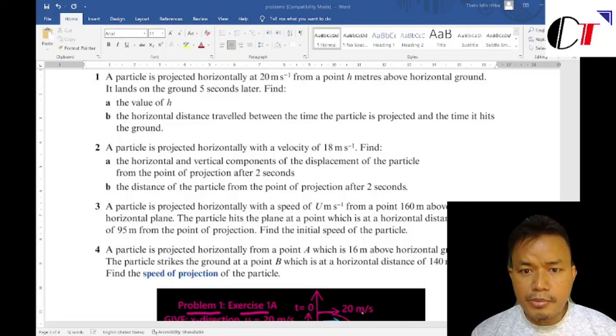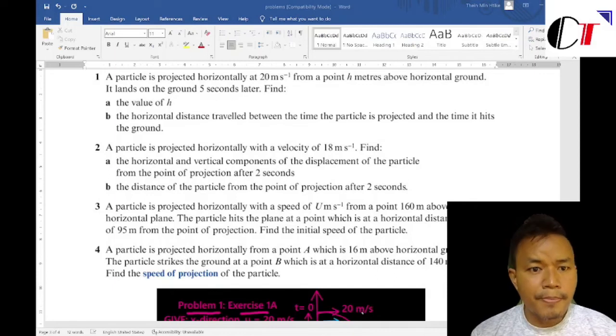A vertical component of the displacement y will be just ut plus half at squared, because it is constant acceleration motion. And we know both u and t. For acceleration, because it's just acceleration of free fall, which is just 9.8 meters per second square. So we know all the parameters that we need, and we can find horizontal and vertical components straight away, right?